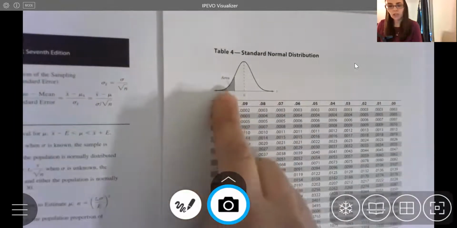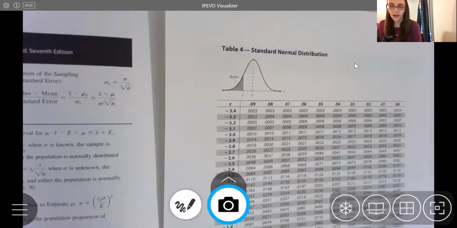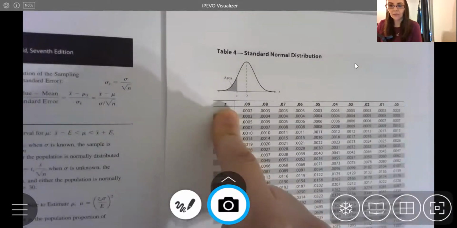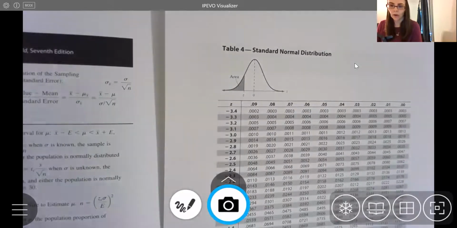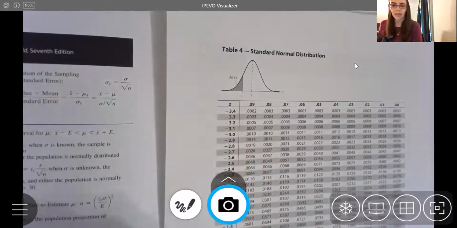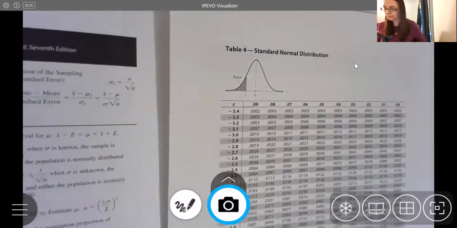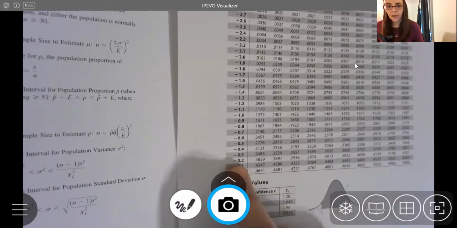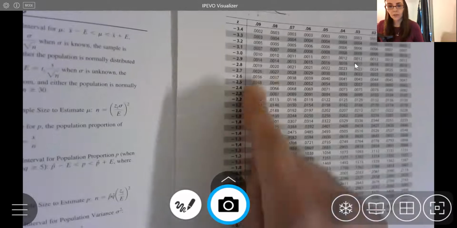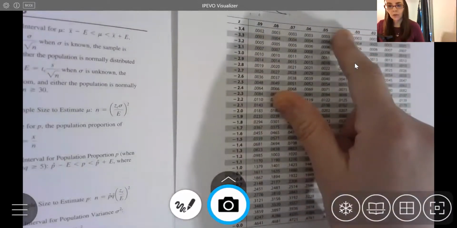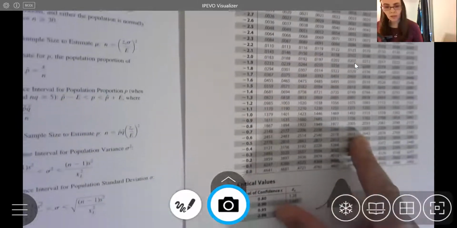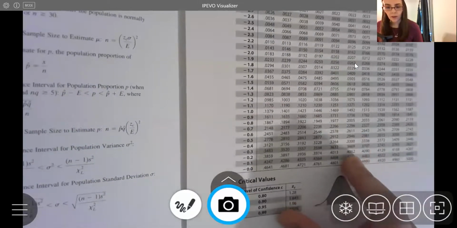So you can see again that area is shaded in just like we did. So we did that same graph, and my negative values are here, and I want negative 0.24. So the first set of values I need is negative 0.2, and that is down here on the bottom. And then the 4 is going to be up top. So now I'm going to go down and match it up with that value here on the bottom.